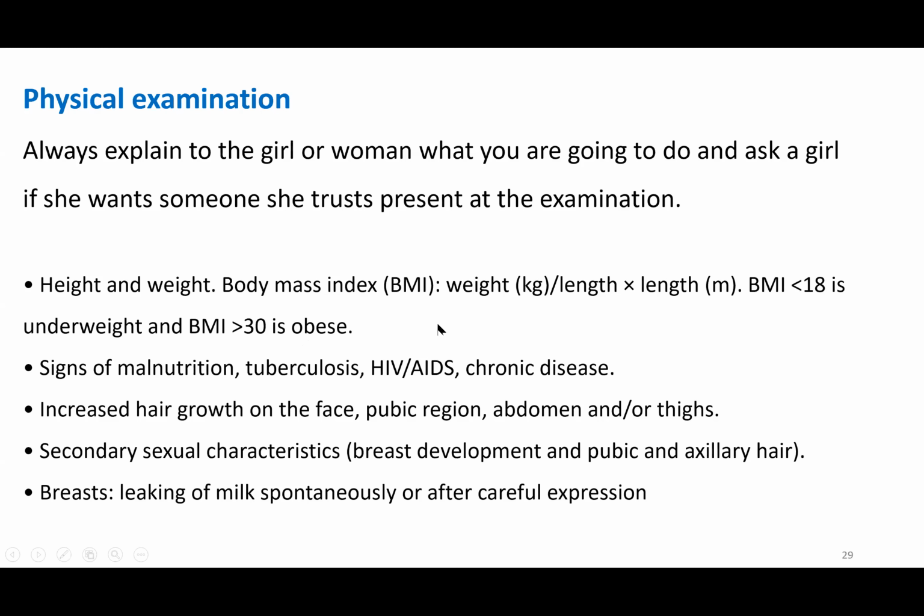Probably if she's obese, relating to PCOS, or if she is too short, we can think of Turner syndrome. If there are signs of malnutrition or other chronic disease, we try to look for the pubic and axillary hair if they are absent, or on the contrary, if there's an increase in hair growth, the secondary sexual characteristics, and examination of the breasts.